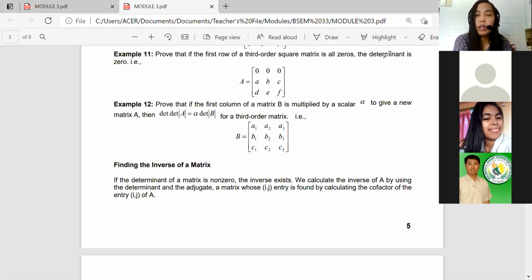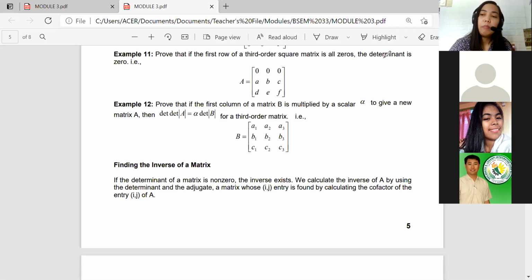So we're going to use the adjugate method. It says in the theorem that not all matrices have an inverse. If the determinant of the given matrix is non-zero, therefore, the inverse exists. Okay? So not all matrices have an inverse.